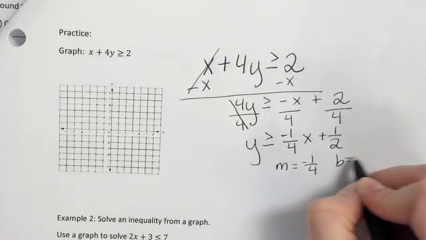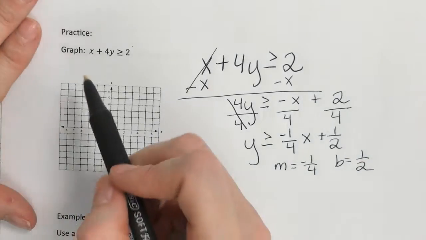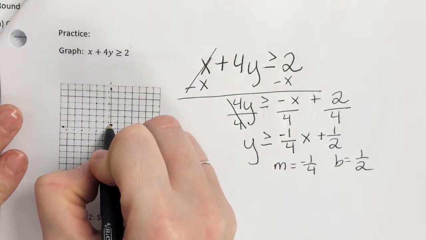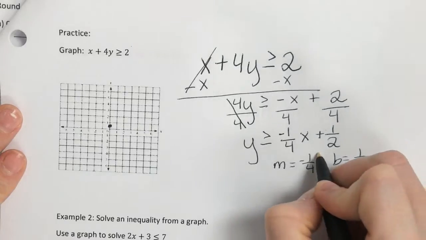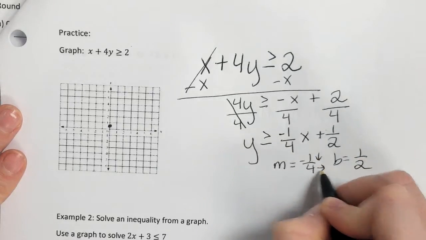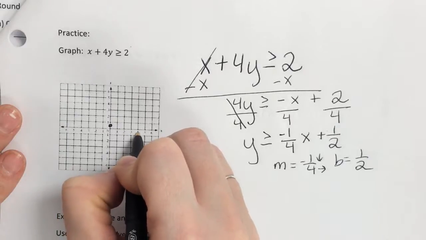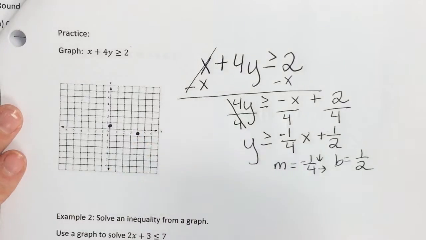My b is going to be 1/2. You can do 1/2 as your y-intercept, just right in between the 0 and 1 lines, and then I'm going to go down 1, 4 to the right. So my other point's going to be at 4, negative 1/2.